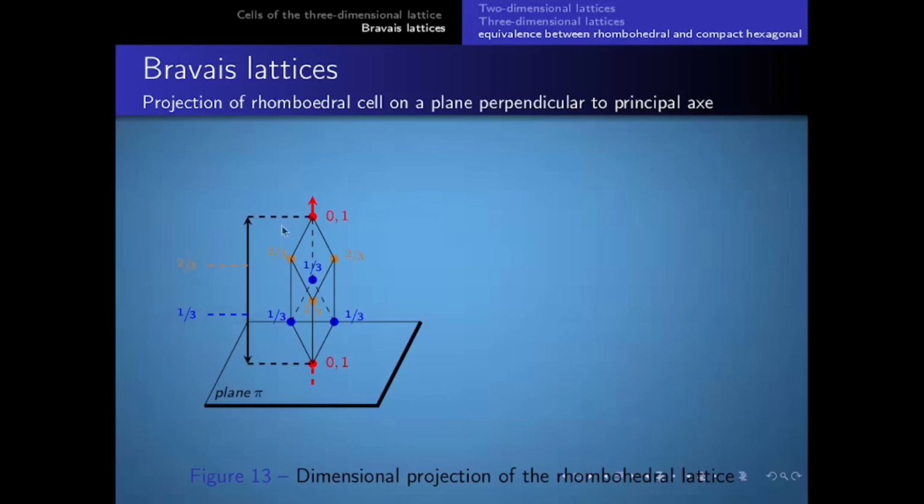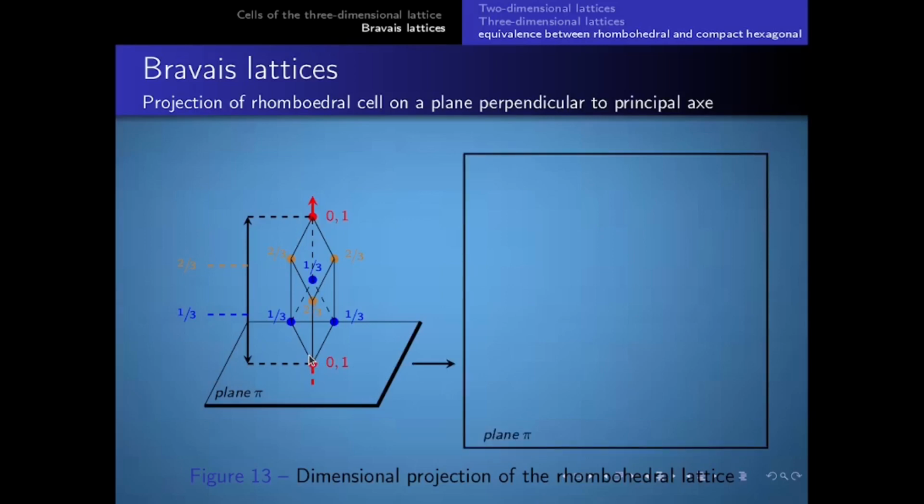Now we are going to show that this rhomboidal cell or the rhomboidal system is equivalent to a hexagonal system. We are going to project this cell on this plane P along this axis, the principal diagonal. If we project this cell on the plane P, these two patterns are here. These three patterns in blue color are like this.